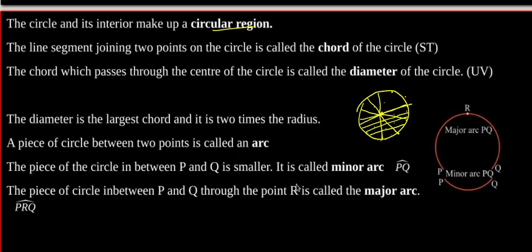A piece of a circle between two points is called an arc. If we take the circle from one point to another point on the circle, this is called an arc of the circle. This is an arc, and this is another part of the arc. So, the circle is divided into two arcs.